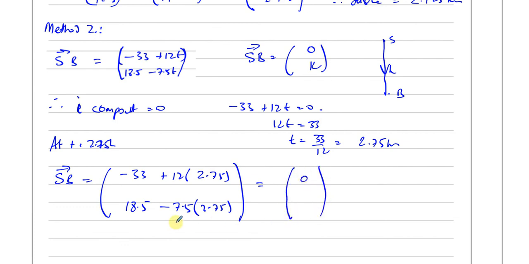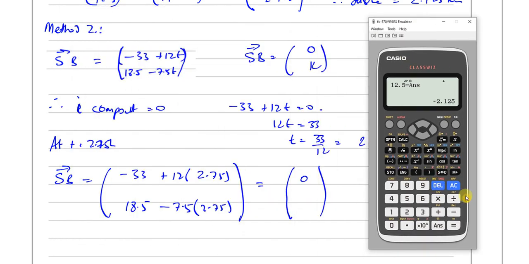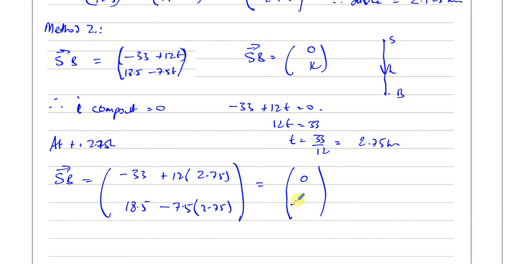And this is going to give us, let's just have 18.5 minus 7.5 times 2.75. That gives us minus 2.125, and that's what we're looking for. That's from S to B. Therefore the magnitude of S to B is going to be basically 2.125.